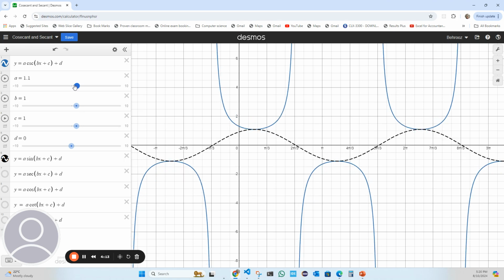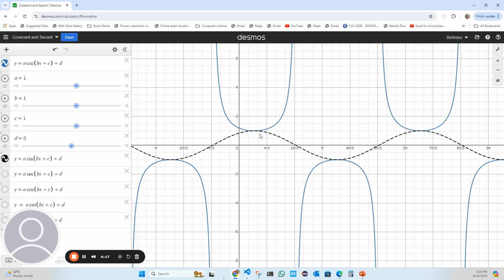So the maximum value of sine is 1, and the minimum of the graphs on top of the curve are 1. Okay, so you can play around with this.